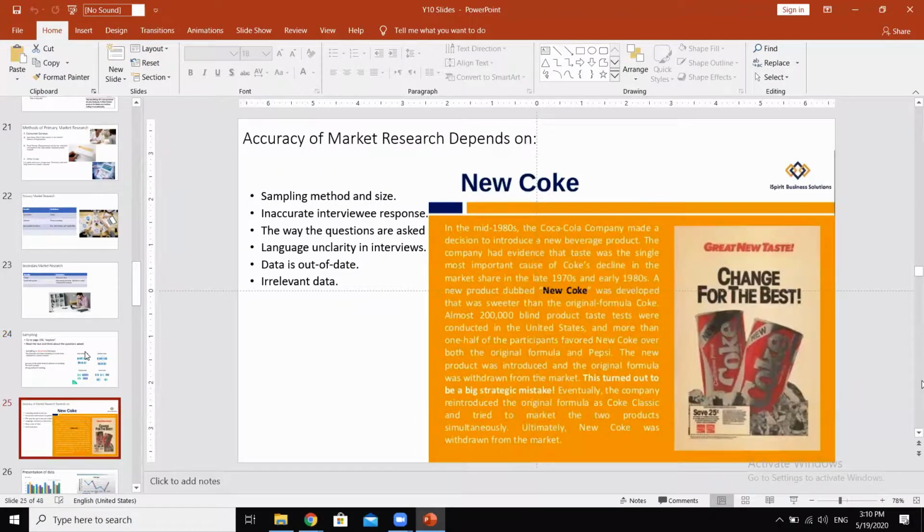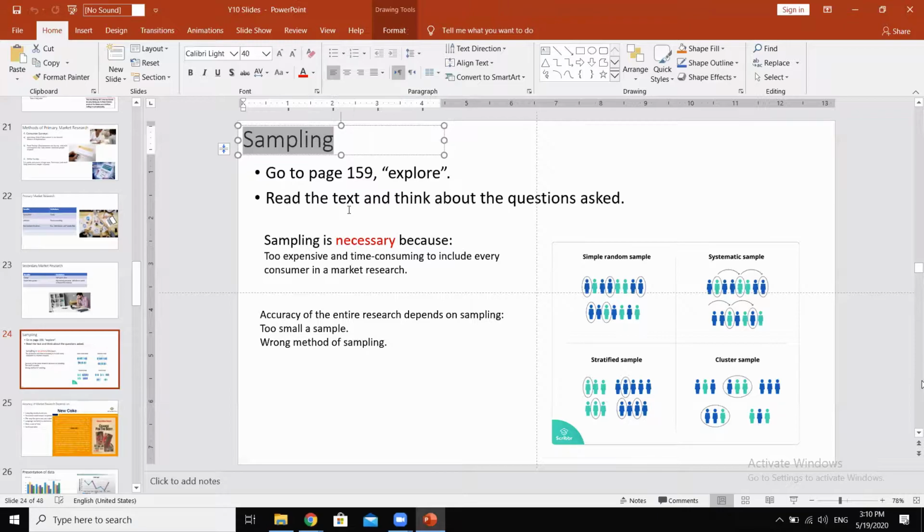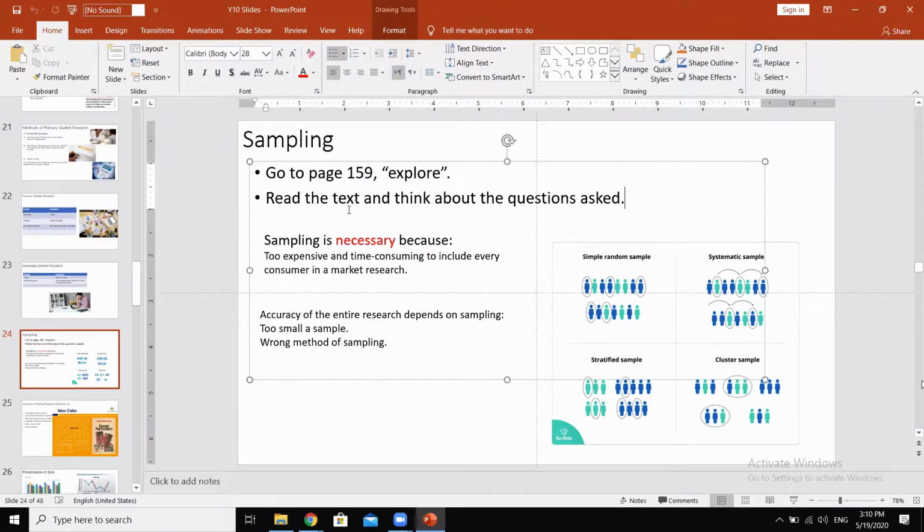So what they have to do is sampling, which is basically selecting a group of people from amongst your audience, your customer base, and treating them as representative of the entire market. So those are the people that you would include in your research.